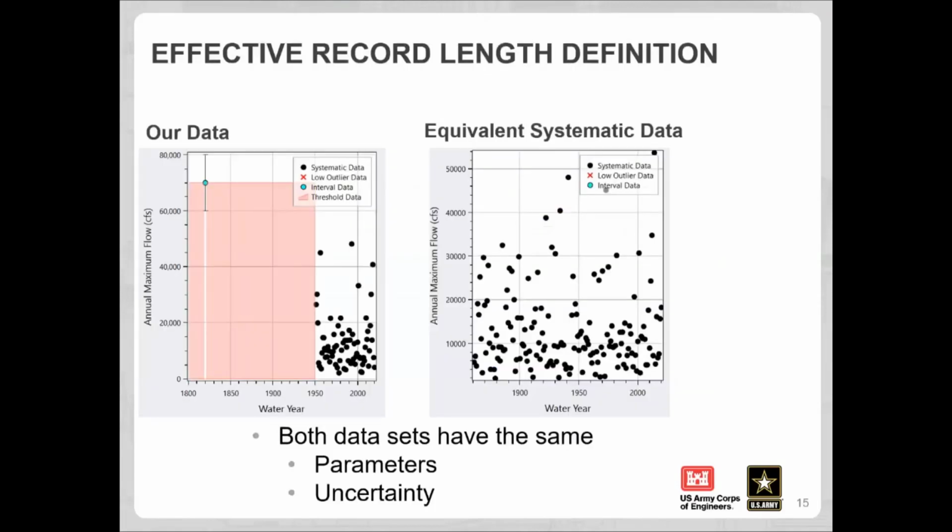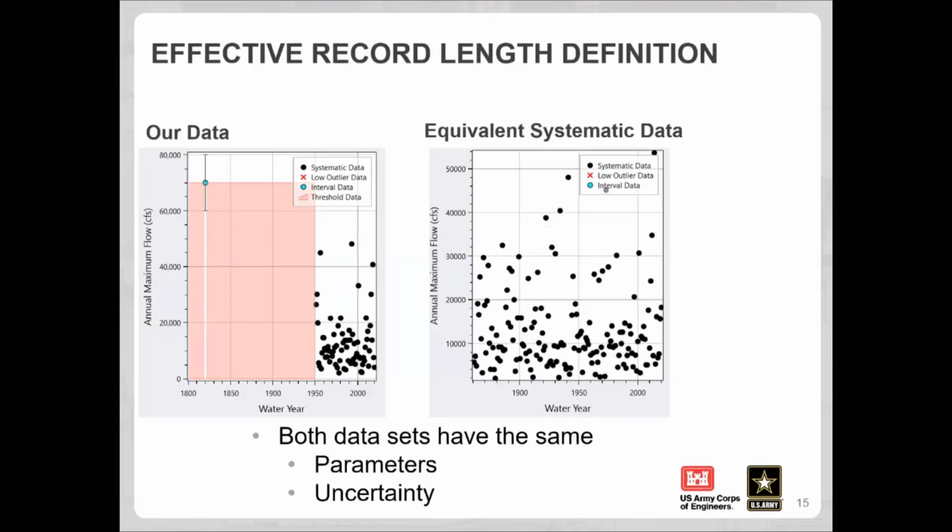So just a refresher on what effective record length really is and why we have it and what we use it for. So conceptually, effective record length is we have this data set, right, with some systematic data, some perception thresholds, some flow intervals that might describe historical floods here on the left.